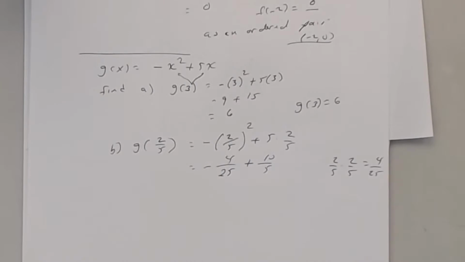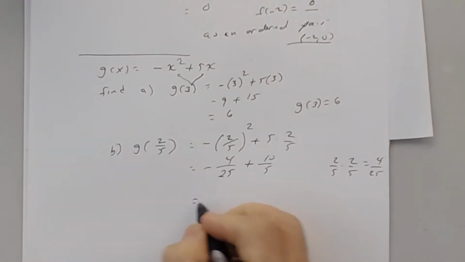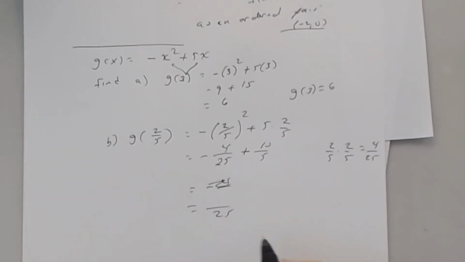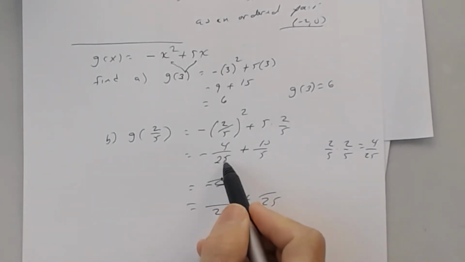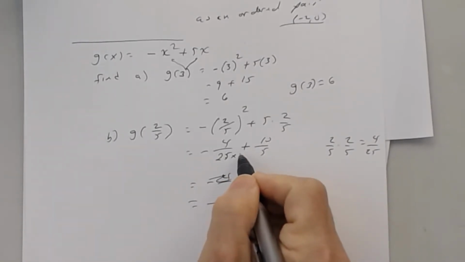Now, do you remember how to add fractions with unlike denominators? Find a common denominator. What's a common denominator? 25. Your LCD is 25, so you're going to write two fractions with that denominator. 5 times what is 25? 5. What you do to the denominator, you do to the numerator.